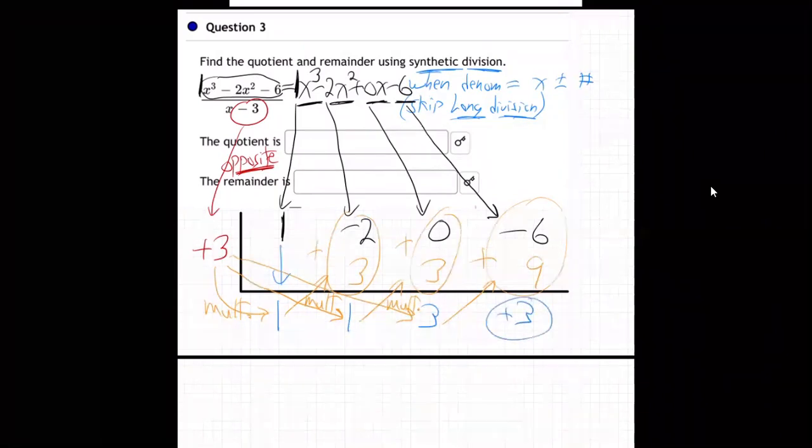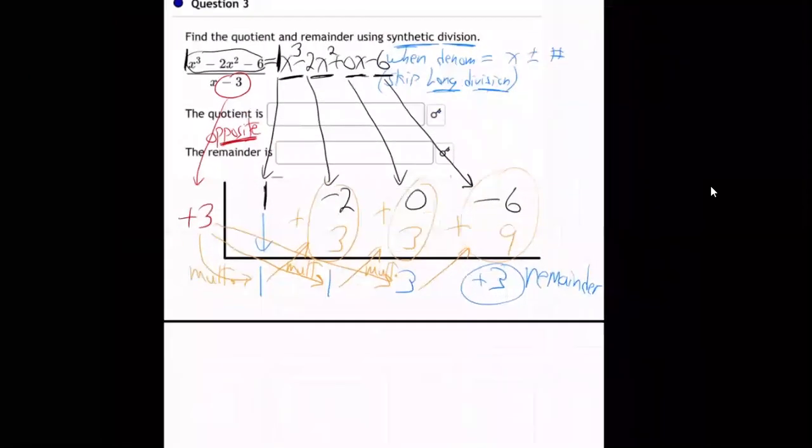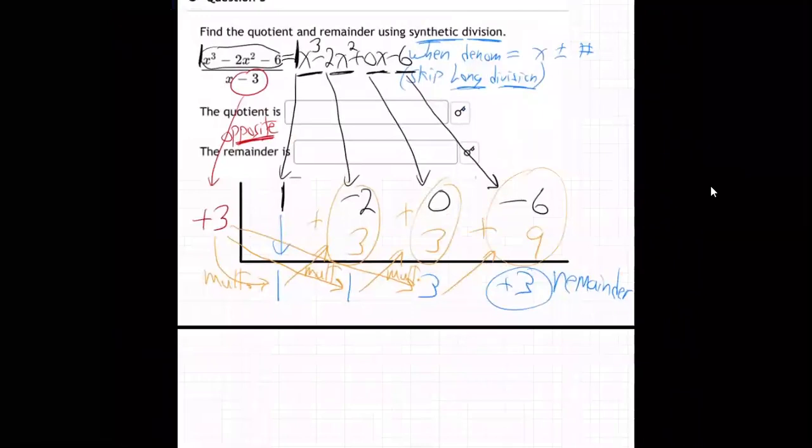That last number is the remainder. The other numbers, they have powers starting 1 below the original, don't they? So the original is x to the third, so this is x squared. Power is 1 lower. x squared plus 1x plus 3.